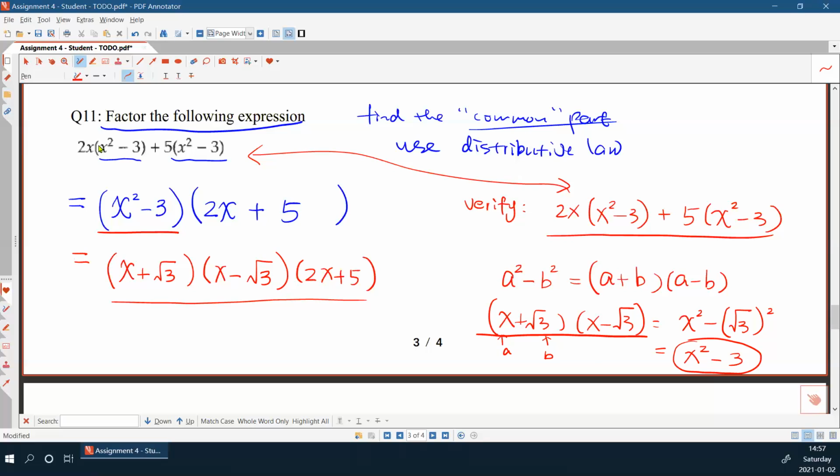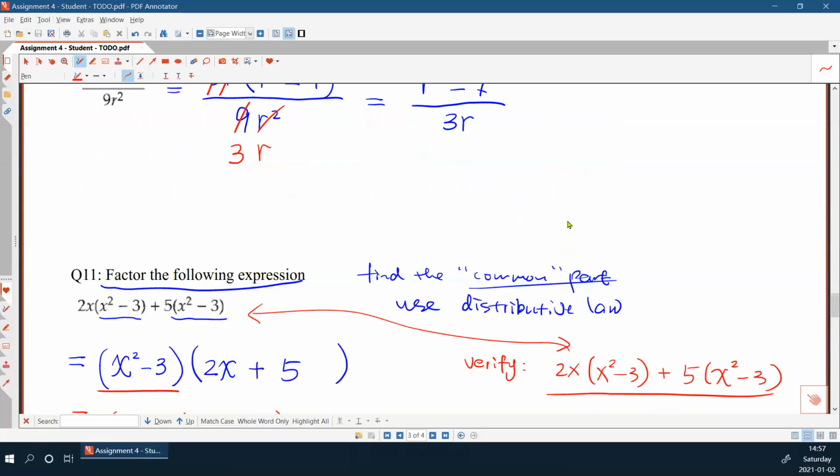Okay, any questions? So similarly, for an expression like x squared minus 7, we can always factor this expression into x plus square root of 7 times x minus square root of 7, right? Understand?